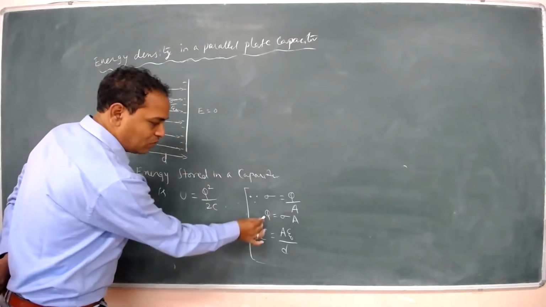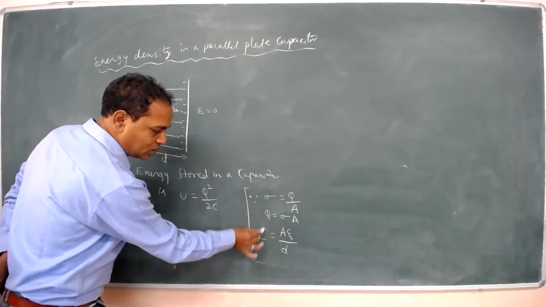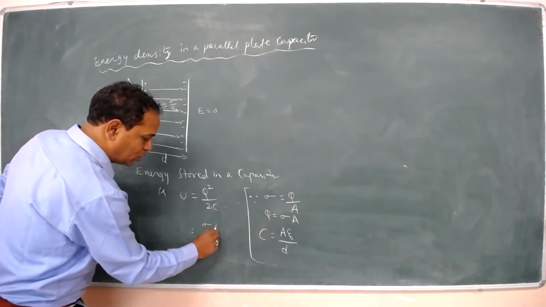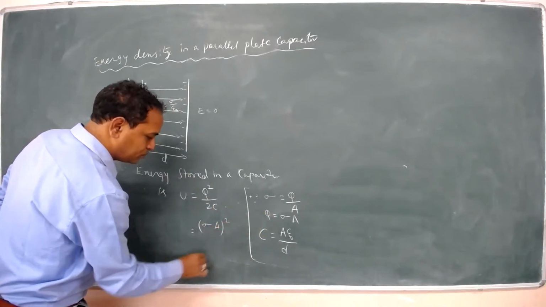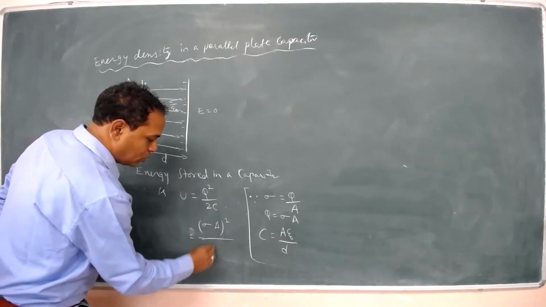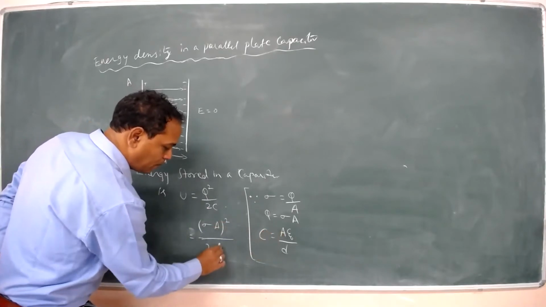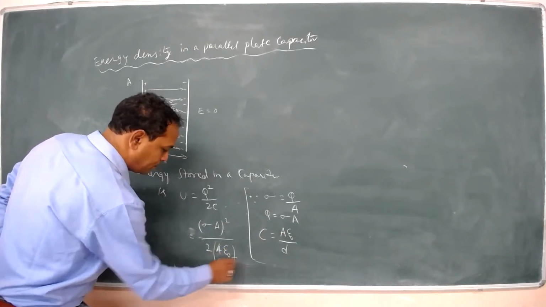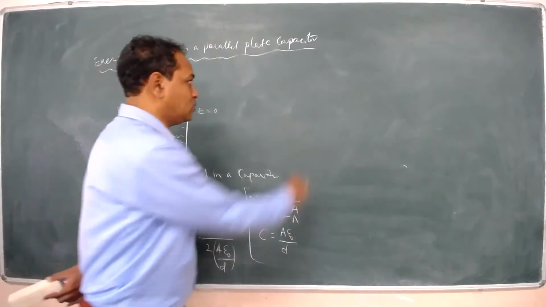Here we have one Q term and we have C. I will substitute these two here. Therefore, Q means sigma into A, whole square, divided by 2 into C, which is A epsilon naught by D. This is the energy.